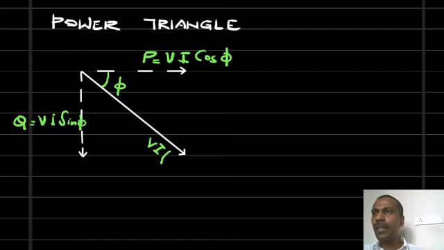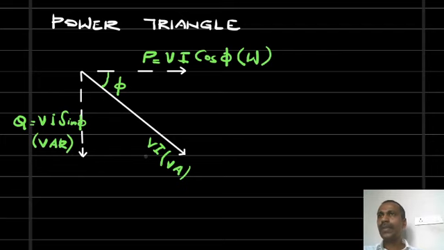The unit of apparent power is volt amperes. The unit of active power is watts. The unit of reactive power is volt ampere reactive. So these are the three power terms we usually use with the power system. One is apparent power, in volt amperes. The second one is active power, which is in watts.